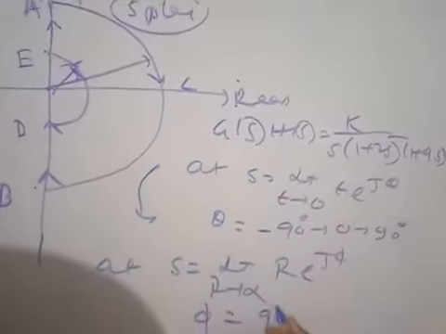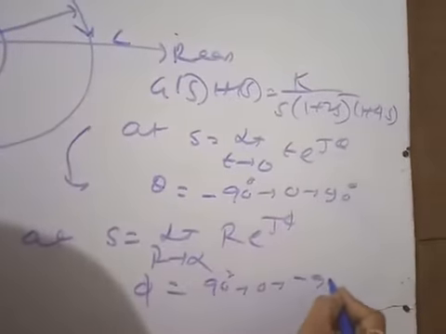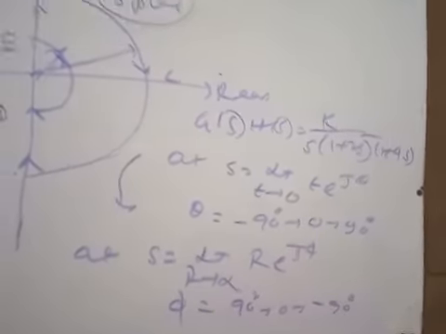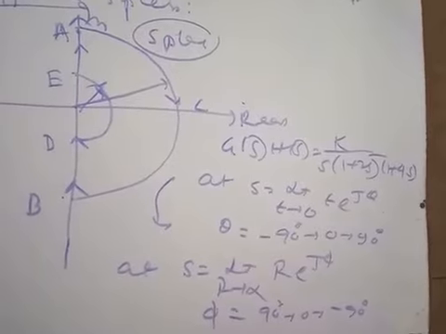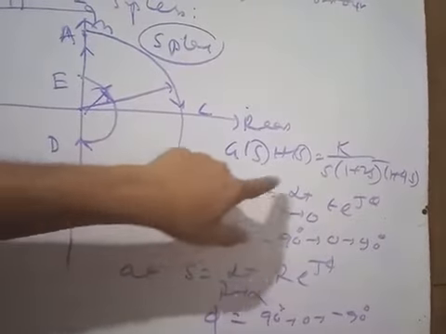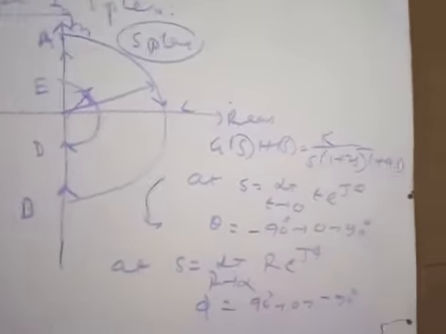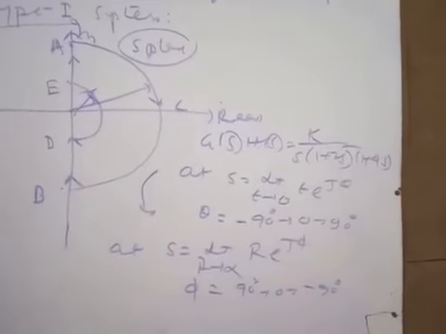That means 90 degrees to 0 degrees to minus 90 degrees, right? So this is the second step. Now after doing this, what do you have to do? We have to calculate the value of G(s)H(s) at s equal to this, right? So next we are going to step 3.